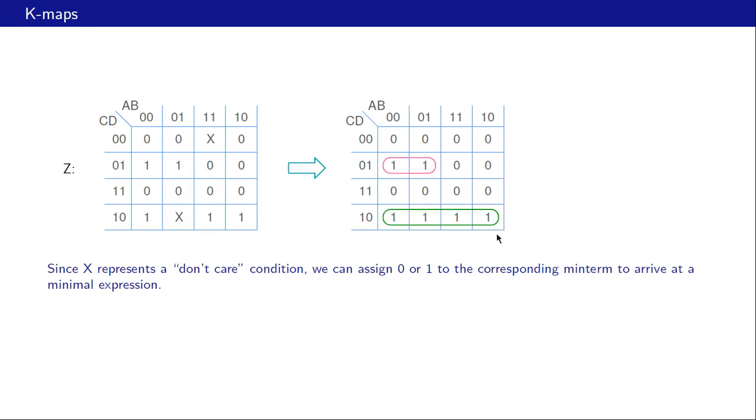And with that, we have only 2 terms in the final expression, CD bar plus A bar C bar D. And that definitely is a better choice than our first choice, in which both x's were zeros. So when we have don't care conditions in a K-map, we need to consider various possibilities and choose that possibility which gives us the minimal expression.